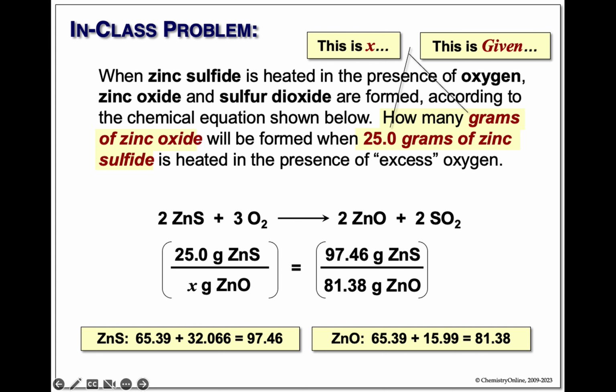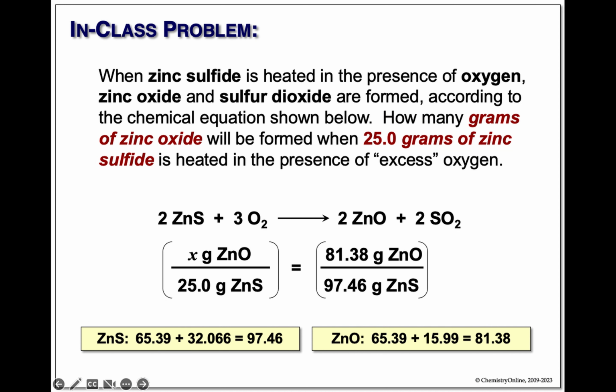But if you make a little mistake, it's simple. All you have to do is click the button and flip both sides over. Totally legal mathematically. If your ratios are upside down, just flip them over.